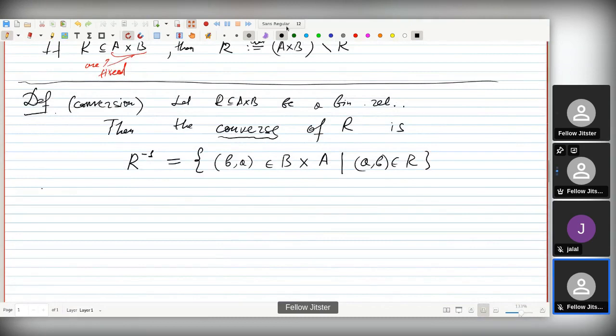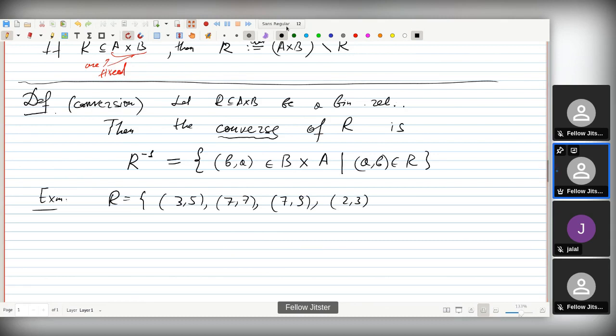Yes. As usual, let us consider an example. So let R be, say, (3, 5), (7, 7), (7, 9), (2, 3), something like that. What is the converse of this relation? Name it. We should take every pair from R and change the order of coordinates there. (5, 3).